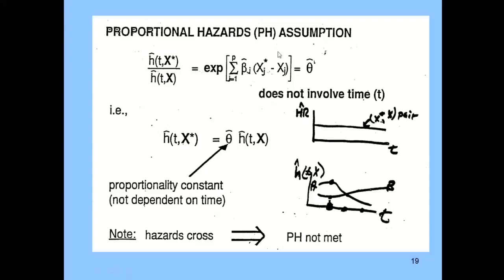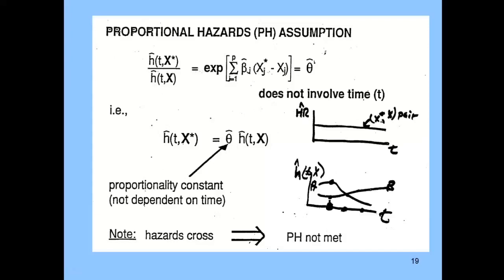Another way of saying that is that if this hazard divided by this hazard is equal to this number that doesn't depend upon time, then I can write h_t of x star as equal to theta hat times h_t of x. If a over b is equal to c, then a is equal to b times c. Just simple algebra.